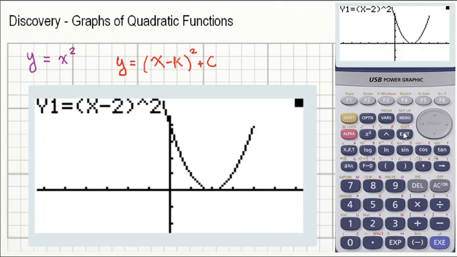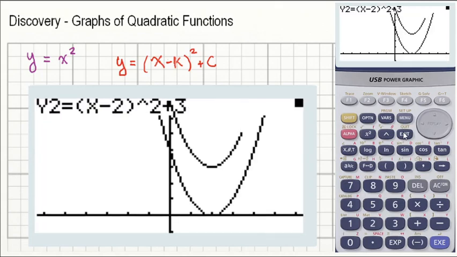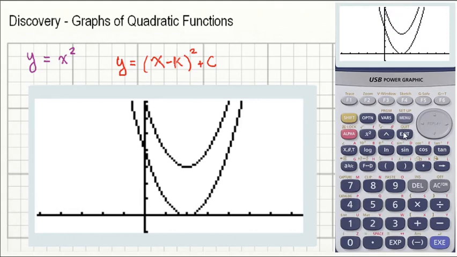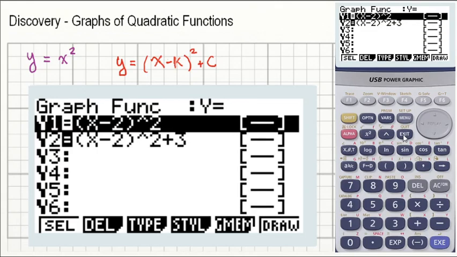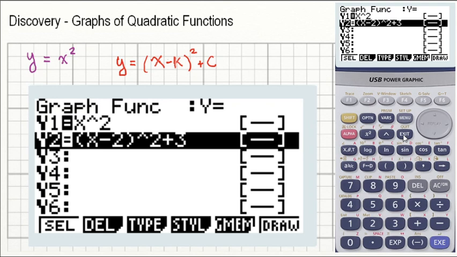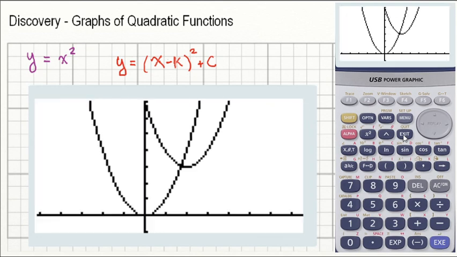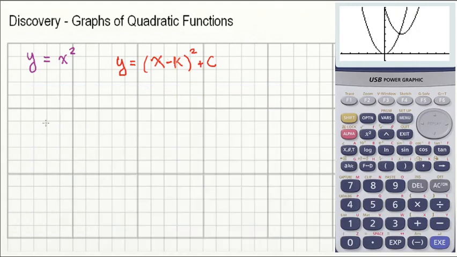Let's draw those, and we can see that our function was shifted to the right by 2, and adding 3 shifted it up by 3, right? So if we had here simply x squared and we drew both of them, we can see that it's basically shifting to the right by k units and up by c units.